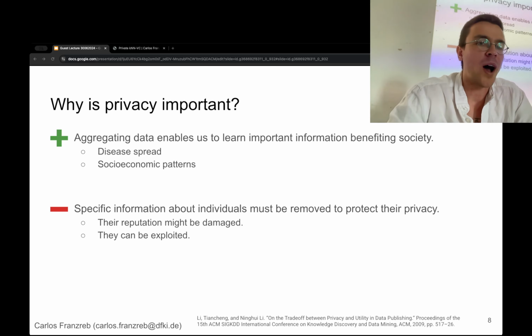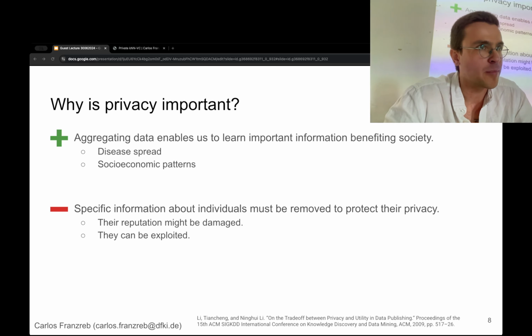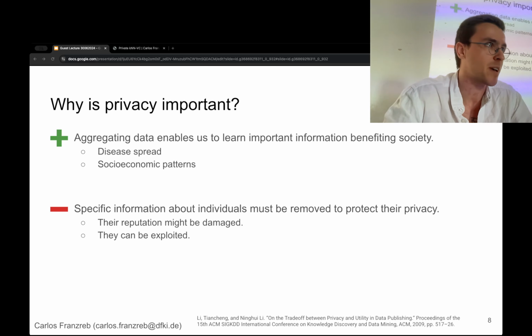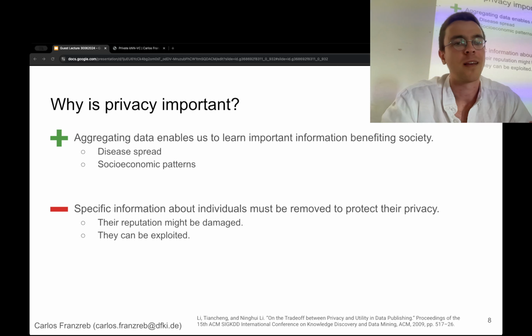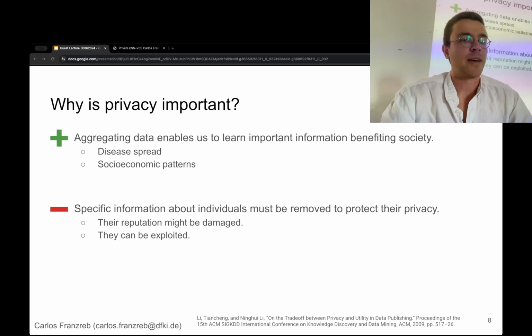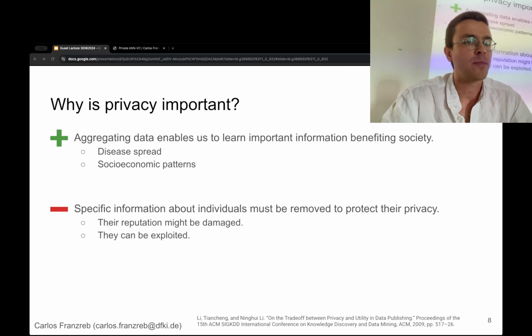Okay, and why is privacy important, right? Because seeing how dangerous it is for people to have access to your information, you may think that, well, maybe it's best to not give them access at all. But actually, there are a lot of positive things that you can do with aggregated data from a society, right? I think COVID was a really good example of how to analyze disease spread and the effectiveness of different countermeasures and so forth.